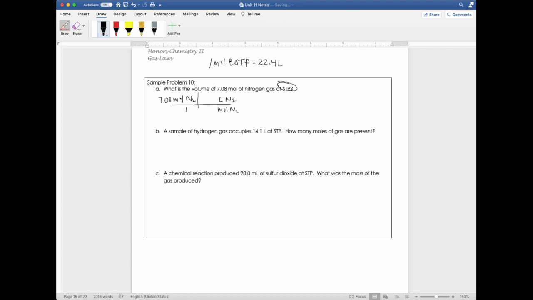Because we're at STP, 1 mole of any gas at STP occupies a volume of 22.4 liters. So this is just a very simple one-step problem. You would just multiply straight across, and your answer is 159 liters of nitrogen.